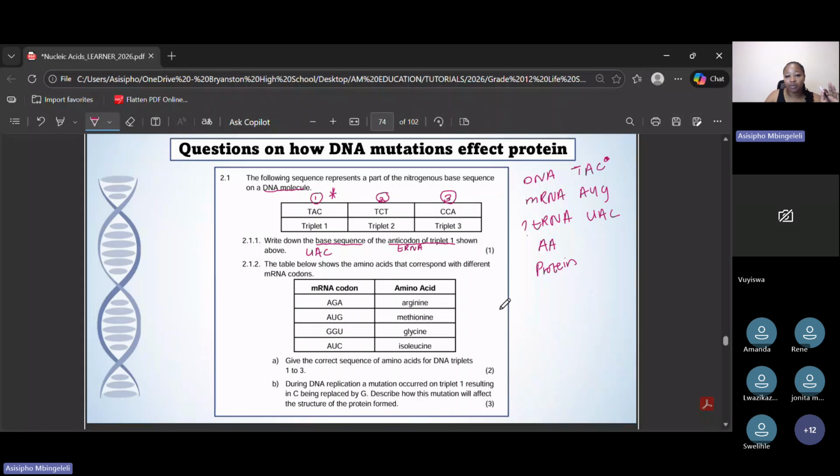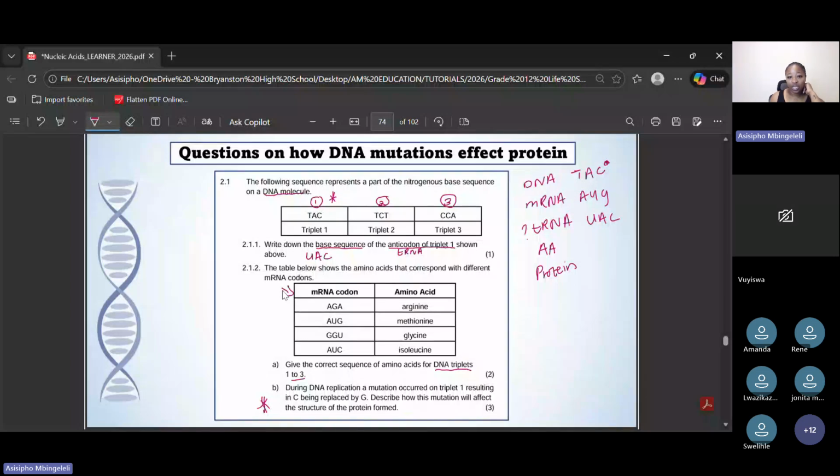All right. Then the table below shows the amino acids that correspond with different messenger RNA codons. Give the correct sequence of amino acids for the DNA triplets 1 to 3. Our goal is to answer the mutation questions, but obviously we need to answer all the questions. So you are going to use this table in order to get your sequence of amino acids.